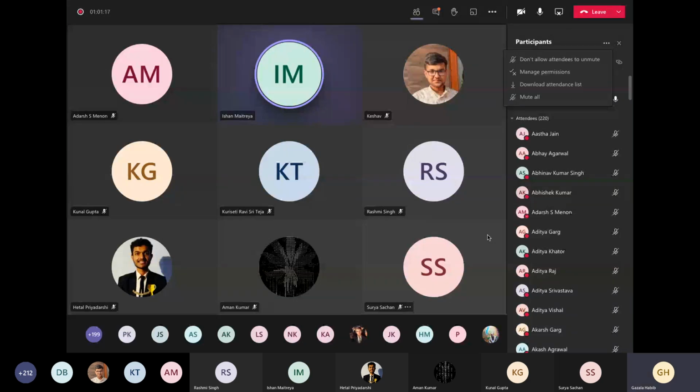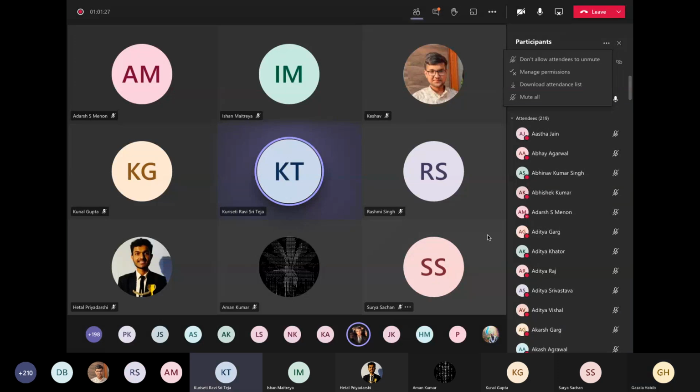So it's better if you shift to some other form. Maybe we will go for Paint, because Paint might be recorded. It's a screen share. Ma'am, OneNote gets recorded. Maybe we can use Microsoft OneNote. Okay, Microsoft OneNote. Yes, ma'am. Let me explore that.